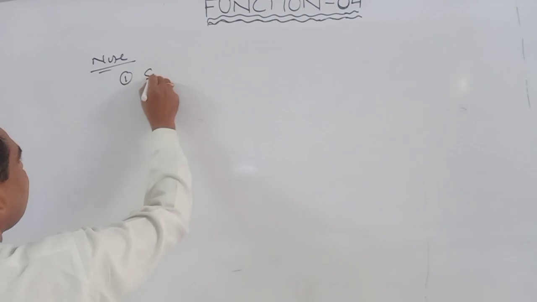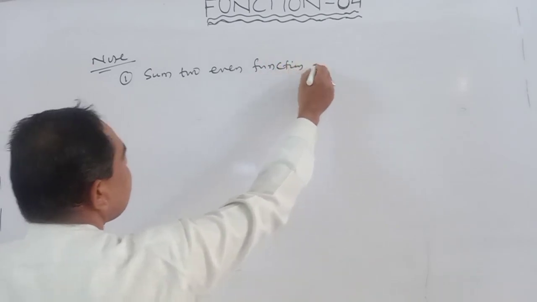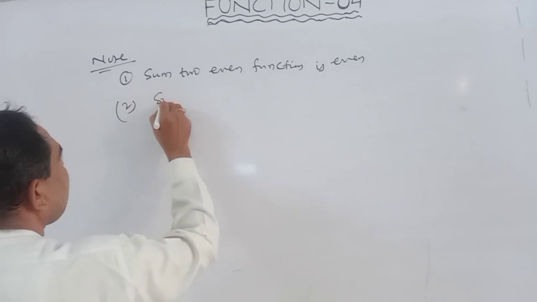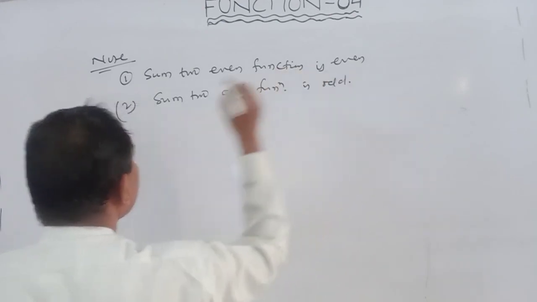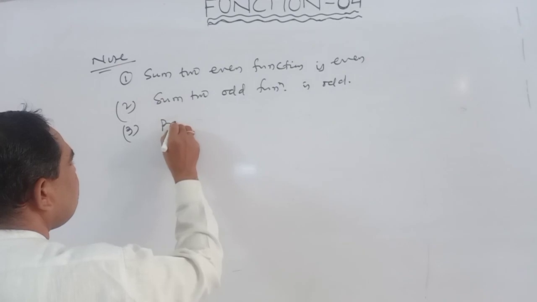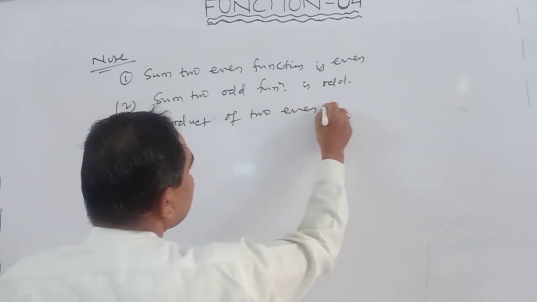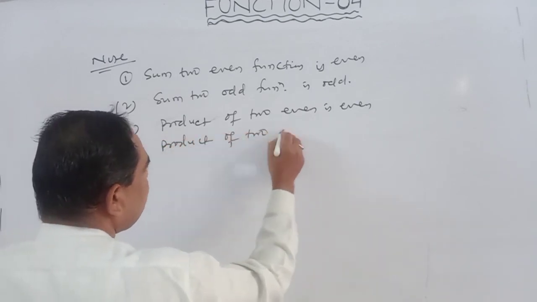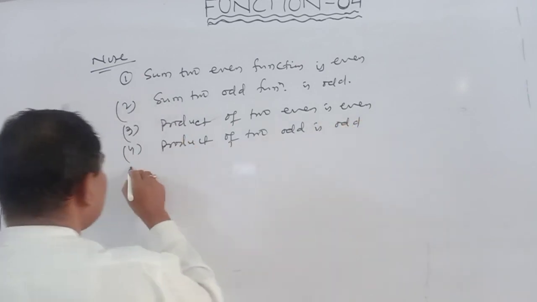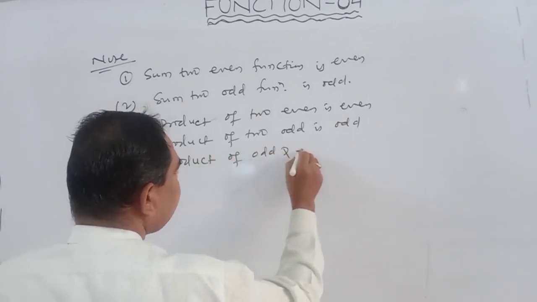Note, keep in mind. Note 1: sum of two even functions is even, sum of two odd functions is odd, product of two even functions is even, product of two odd functions is even, and product of odd and even is odd.